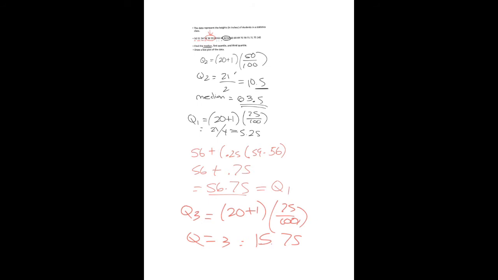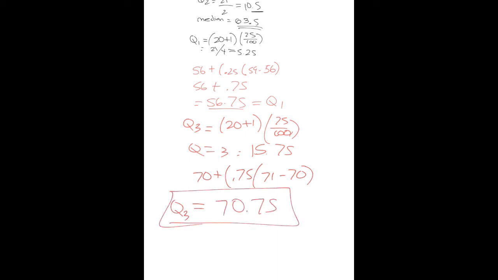So it's the 15.75th observation, which is going to be between the values of 70 and 71. Let's find what that means. We have 70 plus 0.75 times (71 minus 70). So in this case, 70.75 is going to be Q3.